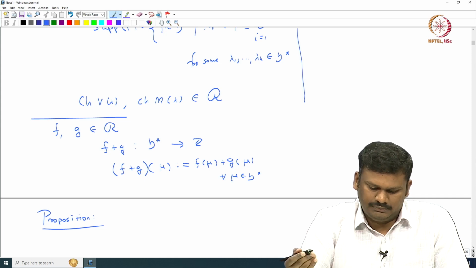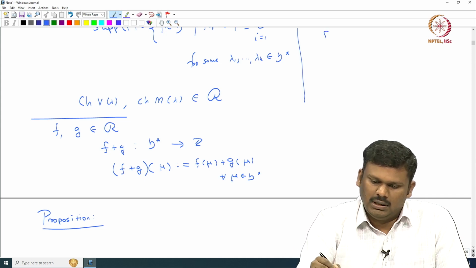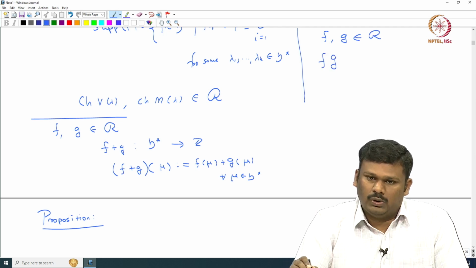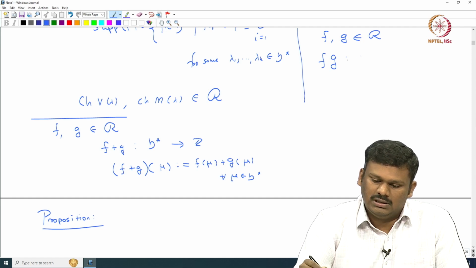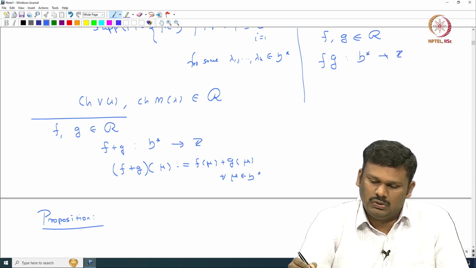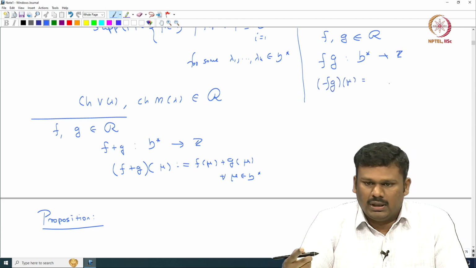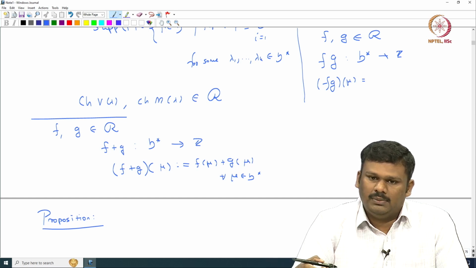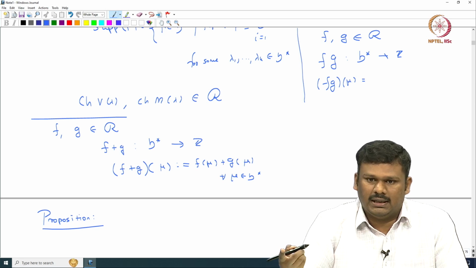Now if we take f and g from the ring, we can also define the product, being the convolution product. The product fg is again a function from H star to Z, and fg of mu is defined as follows. It is not the pointwise product, because we want to use exponential notation to denote the character. There we want e power lambda times e power mu to be e power lambda plus mu.